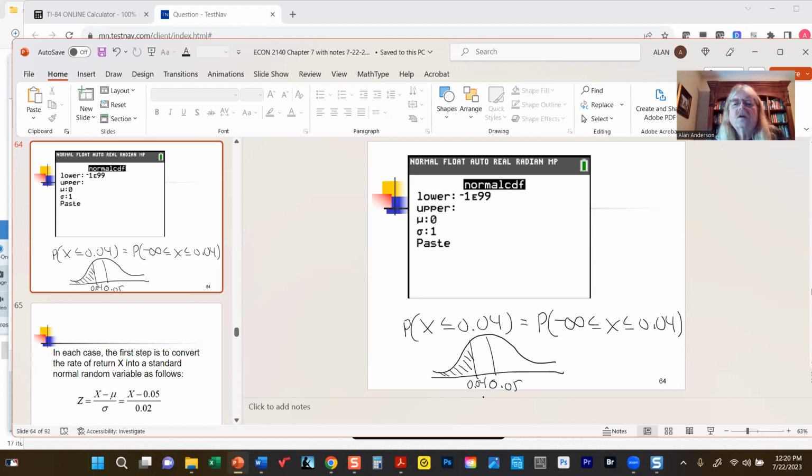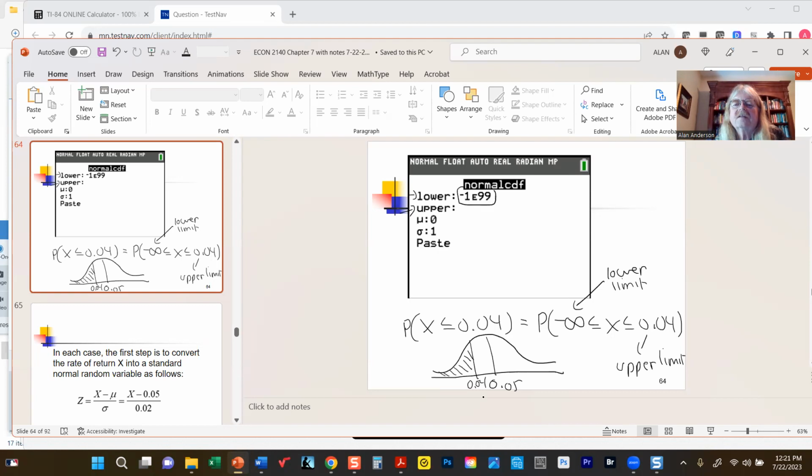So when you look at this, this is the lower limit of the probability that you're calculating. That would be this. This would be the upper limit. Now, the calculator doesn't have negative infinity as a keystroke. The way you work around that is this.